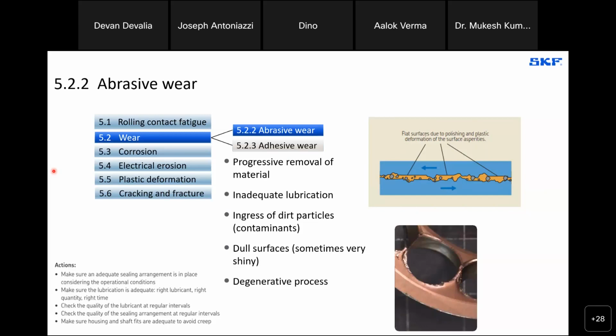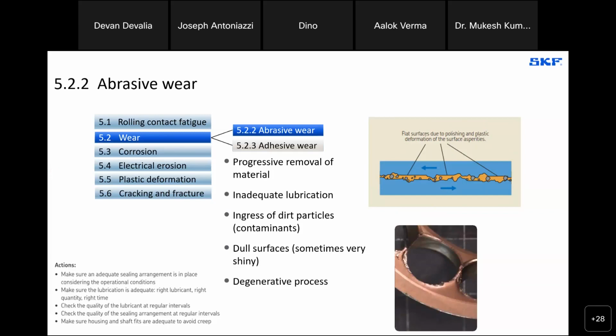So abrasive wear is a degenerative process because, as I mentioned, the more abrasion there is, the more particulate is loosed, and it just gets worse and worse over time. Particles can wear down the raceways of the rings, the rolling elements, and the cage pockets.